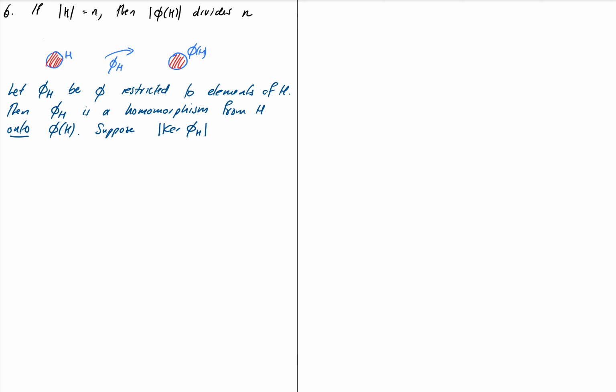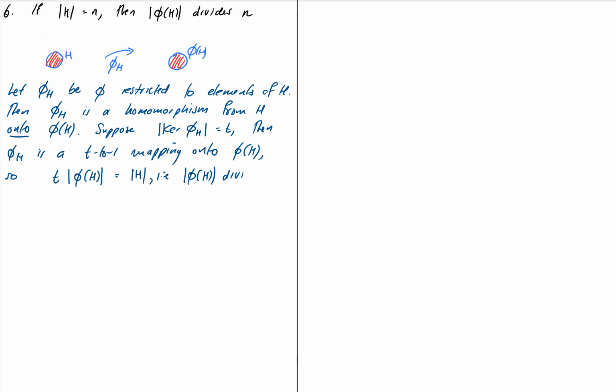Suppose the order of the kernel is T, then by our previous property, phi H is a T to 1 mapping onto phi of H, which means T times the order of phi of H gives me the order of H, i.e. the order of phi of H divides the order of H. Okay, so it's a nice little trick that let us get this onto mapping, and so we could just use the T to 1 property and we'd be all good.